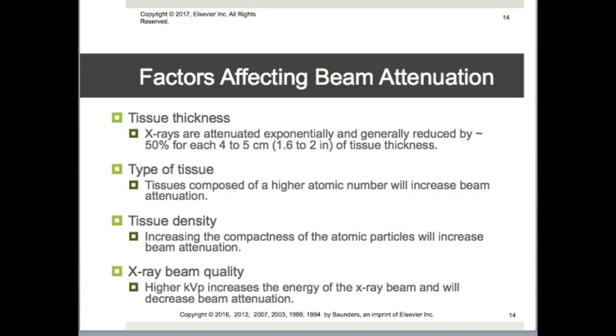So if you have a 500-pound patient with no muscle whatsoever, it's all just fat, compared to a bodybuilder who is huge, with big broad shoulders and huge muscles, that bodybuilder is going to absorb more of your photons than the fat person. Very interesting, and you have to keep that in mind. So X-ray beam quality: high kVp increases the energy of the X-ray beam and will decrease beam attenuation.